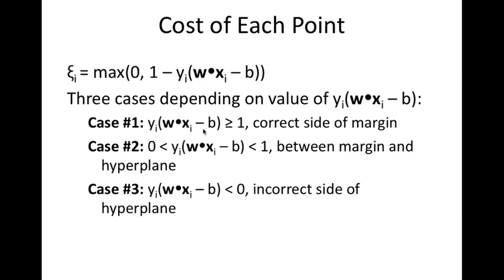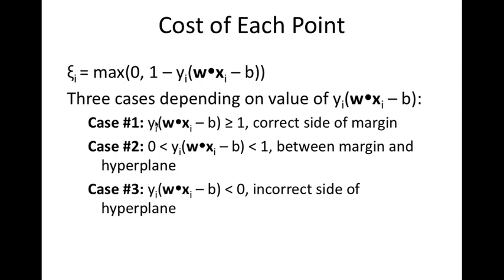Case 1, that value is greater than or equal to 1, which, as we saw from the last slide, meant that we are on the correct side of the margin. Because if yi is -1, then this term is greater than or equal to -1, which is the lower margin.